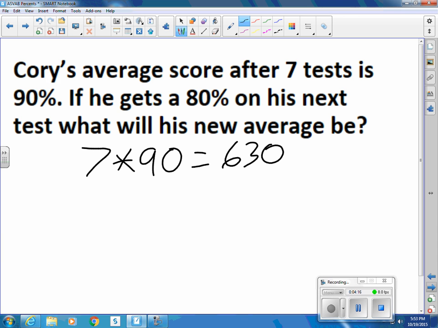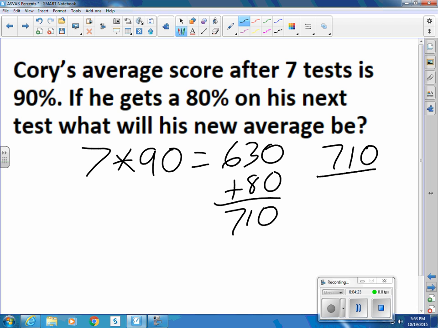And then if I add on 80 more, now I have 710. If I take my 710 and divide it by the new number of tests, now we have 8 tests. Let's find our average there, our new percentage. And that equals 88.75. So his new percentage would be 88.75%. So that dropped his percentage a little bit.